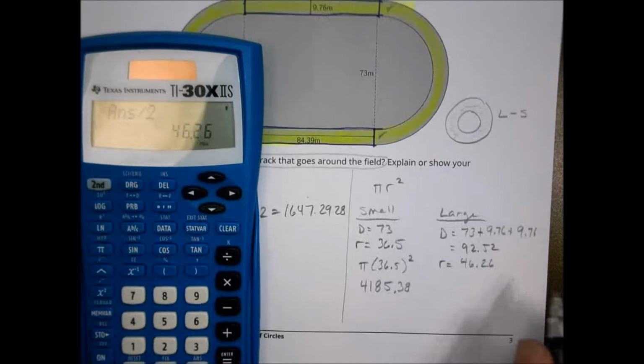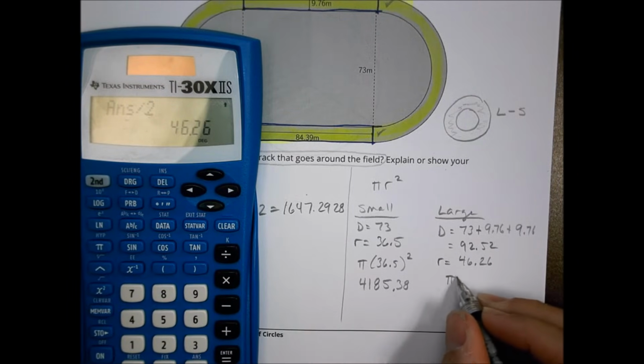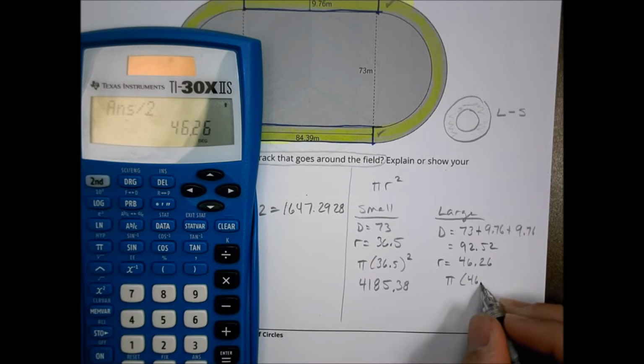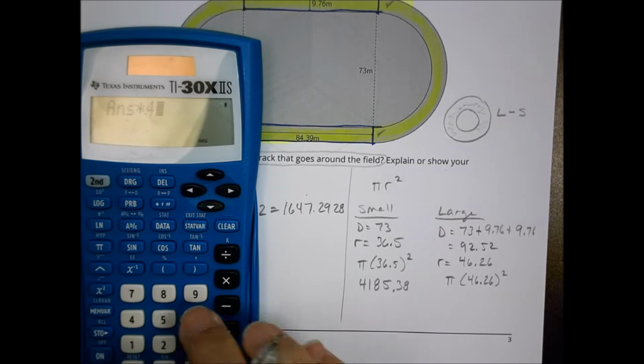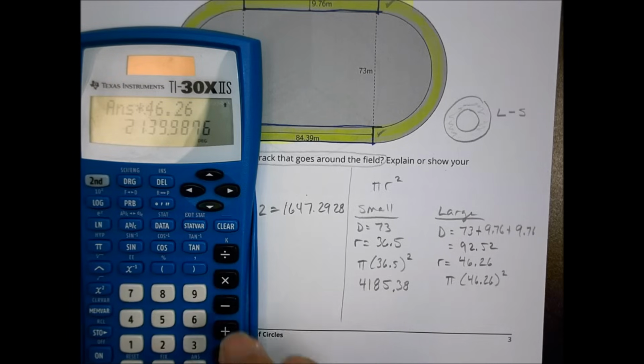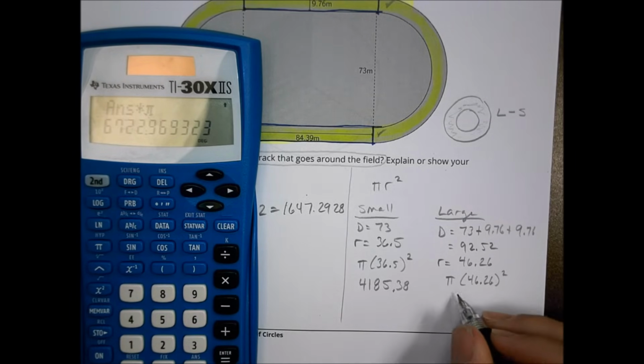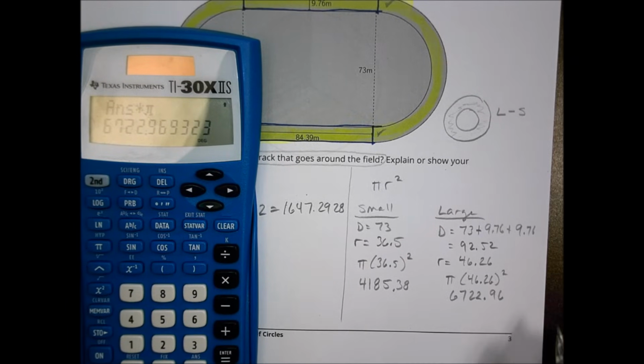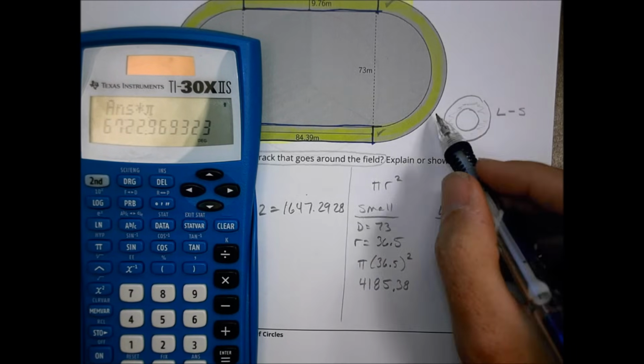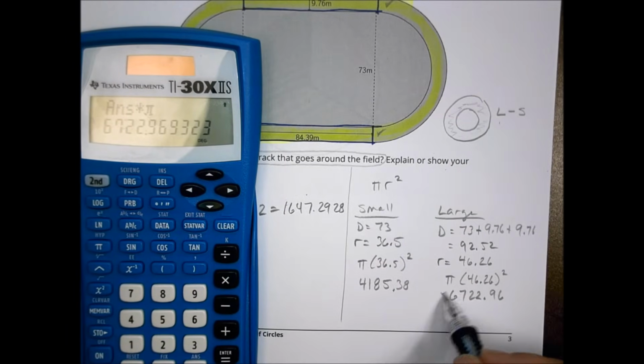And again, I'm going to then find the area. I'll do pi times 46.26 squared. And when I multiply that times pi, I end up with 6,722.96. And we'll stop there. Again, the area is going to be of this part on the outside, the large number minus a small number.